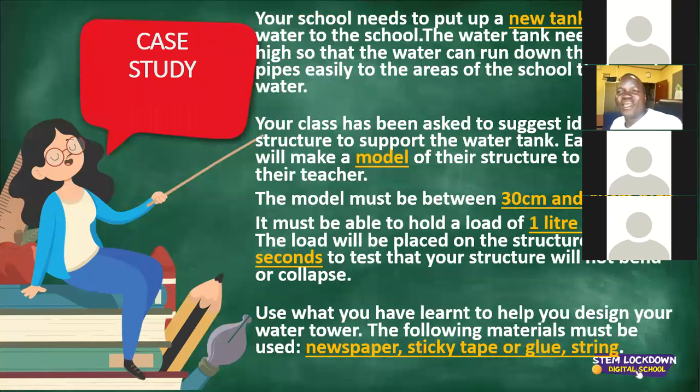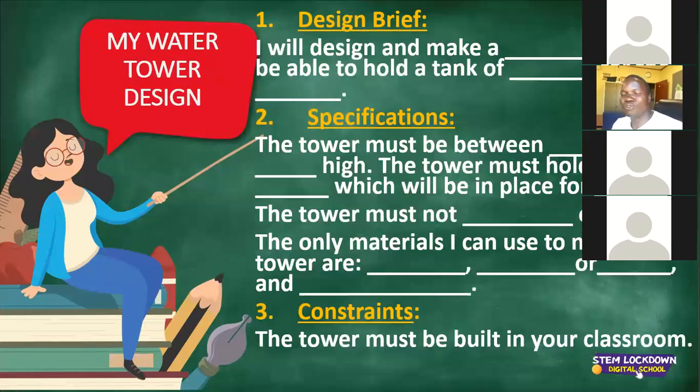It must be between 30 centimeters and 40 centimeters high. And it must be able to hold a load of 1 liter of water for about 10 seconds. When you go to the next slide to answer that question, remember those things. Those are the specifications, how it must look.